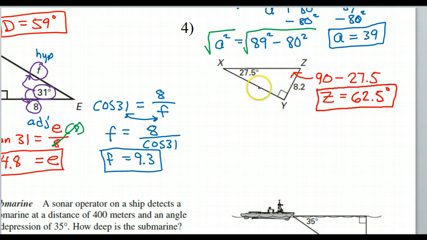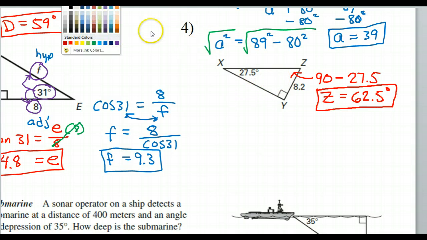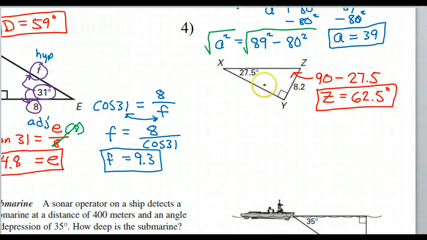So I also need to find these two sides. I think I will go ahead and find XY next. So here is side XY. Look, this is what I have. I have this angle, I have side XY that I'm looking for, but I also have this 8.2.